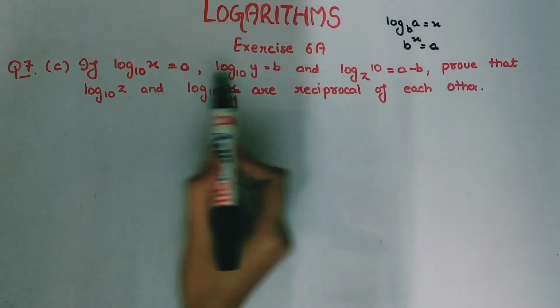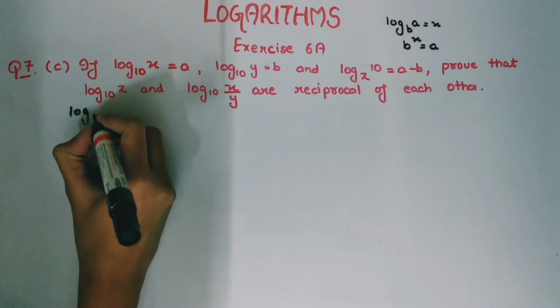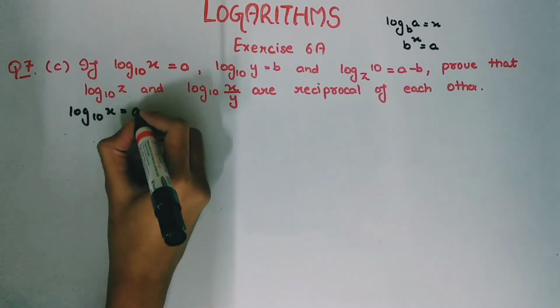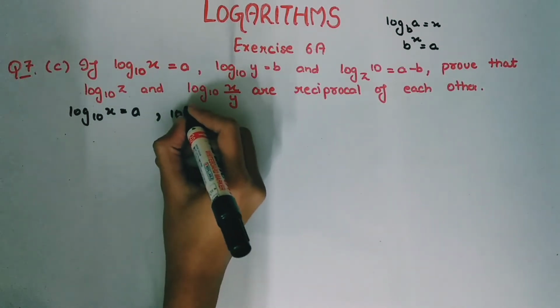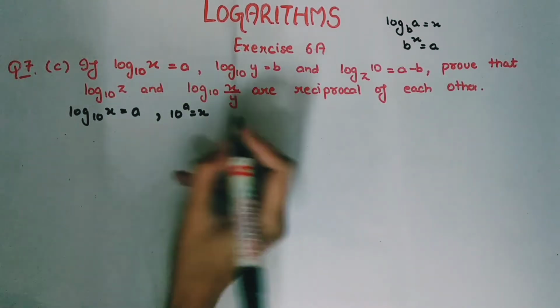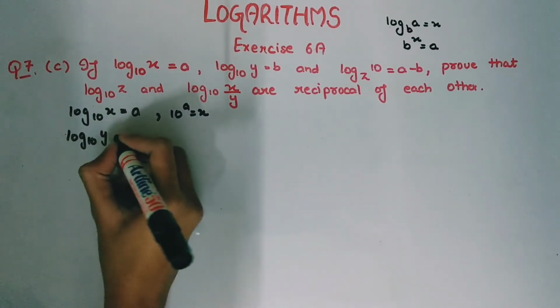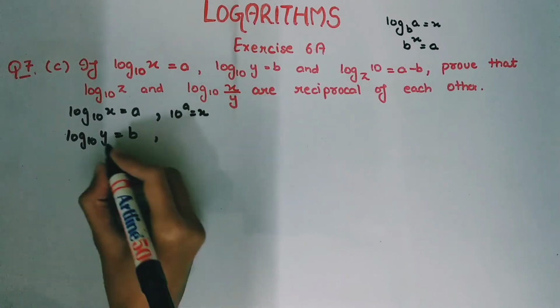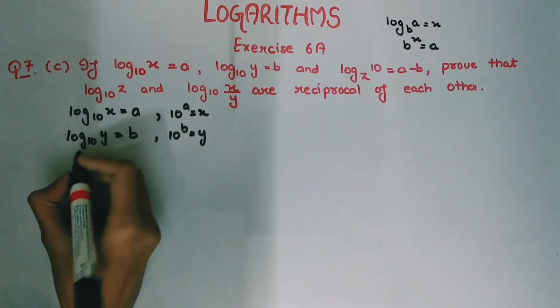First of all, we will take these logarithm terms. We have log of x to base 10 as a. In the exponential form, this will be 10 raised to power a, which is equal to x. Similarly, the second equation, log of y to base 10 is b. That means 10 raised to power b is equal to y.